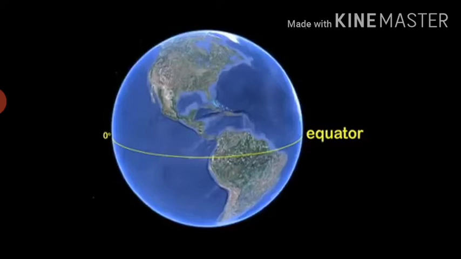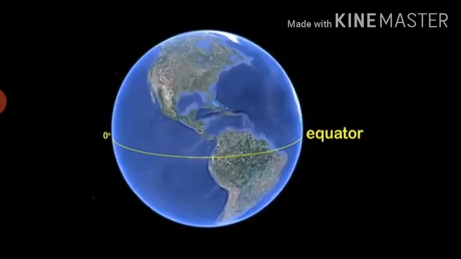All parallel circles from the equator up to the poles are called parallels of latitudes. Latitudes are measured in degrees. The equator represents the 0-degree latitude.